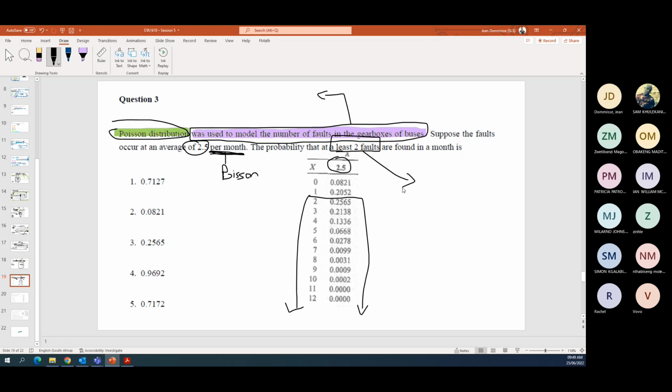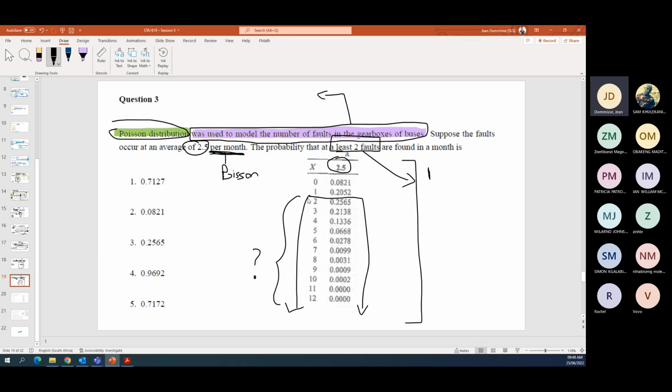Okay, so now we've established that at least 2 means 2 or more. So now you've got the option. If I look at this, I need to add all of these numbers, which will be a lot. But what I know is that in any probability distribution, all of those probabilities need to add to 1.